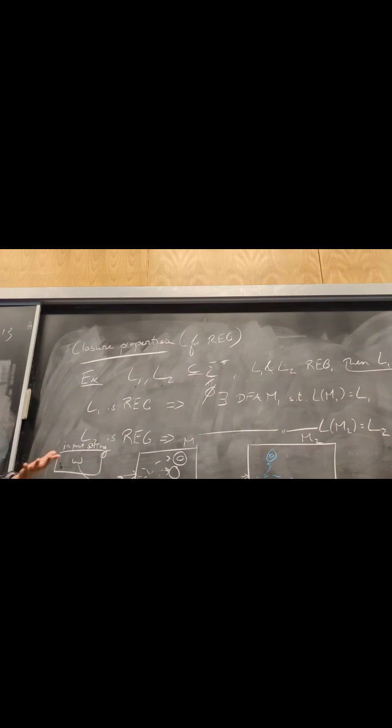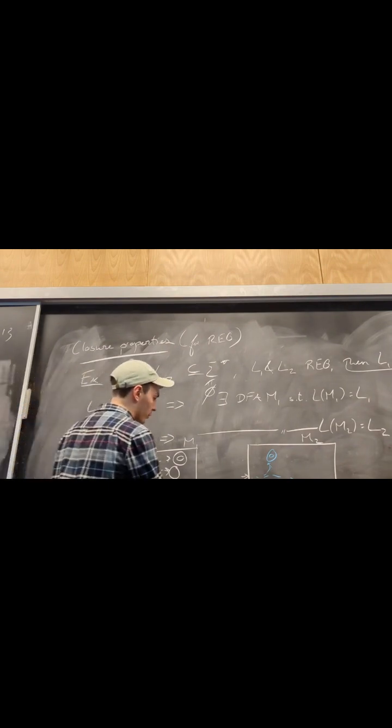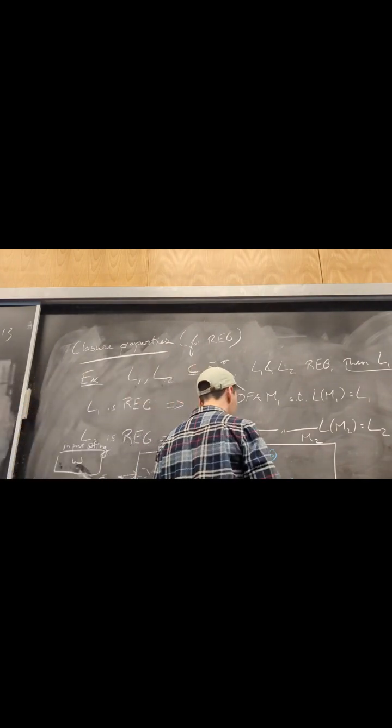Let me try my other possibility. So I use an epsilon transition to go from my start state to M1. That didn't work, so instead, let me jump to M2. I use another epsilon transition, and I jump to the start state of M2.